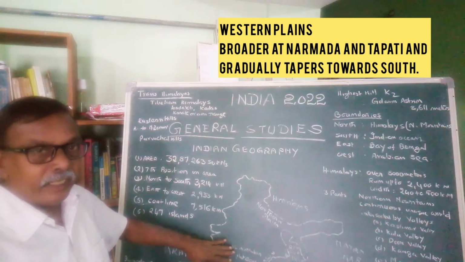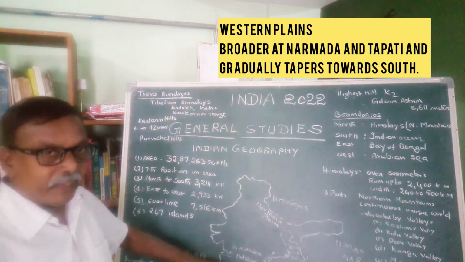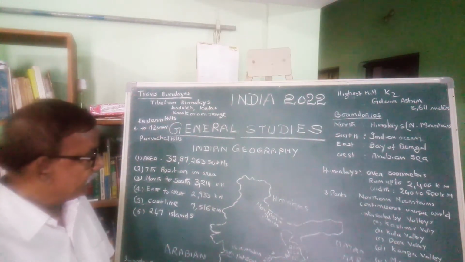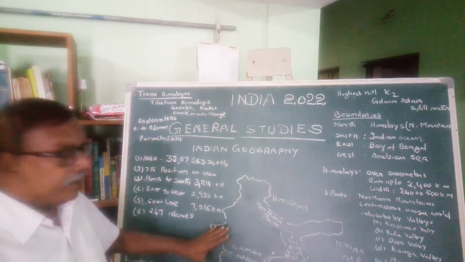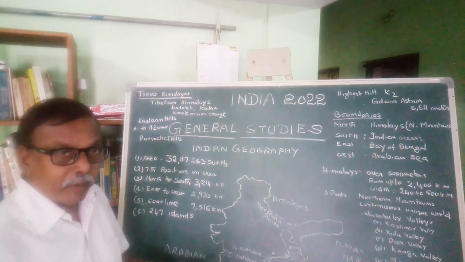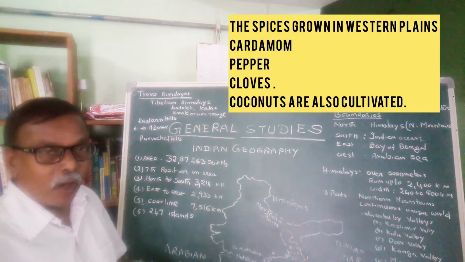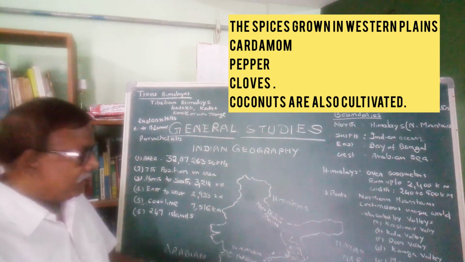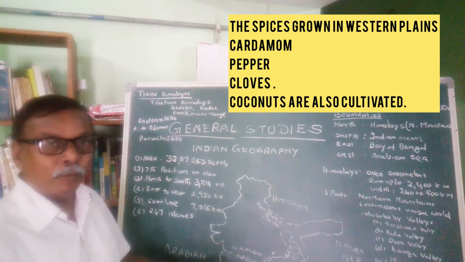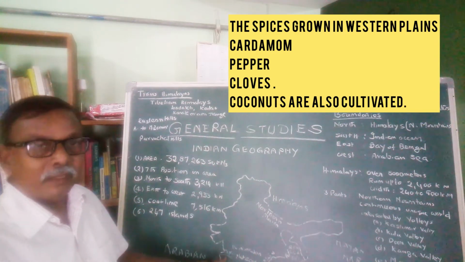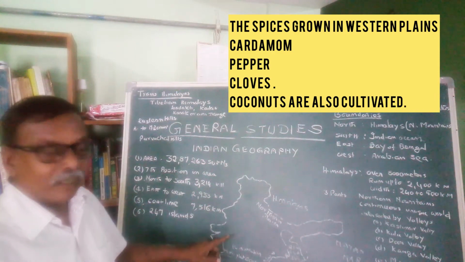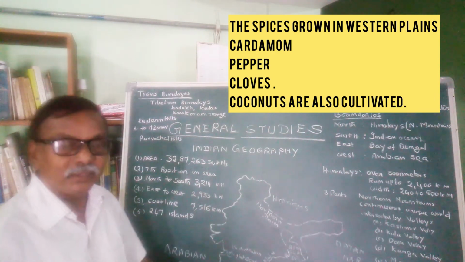Gradually it becomes narrow in the southern region, and a number of crops and spices are grown in the western plains. The spices are cardamom, pepper, cloves, and coconuts are cultivated in the western plains.